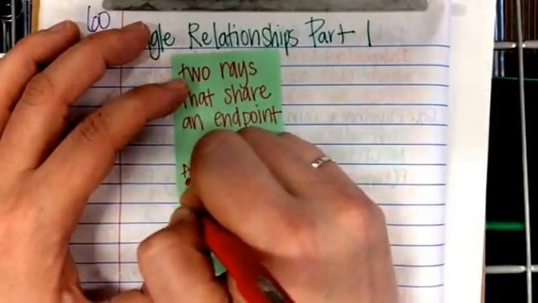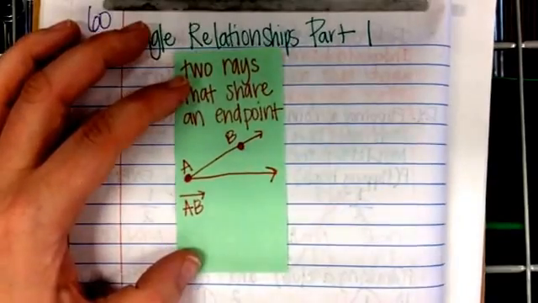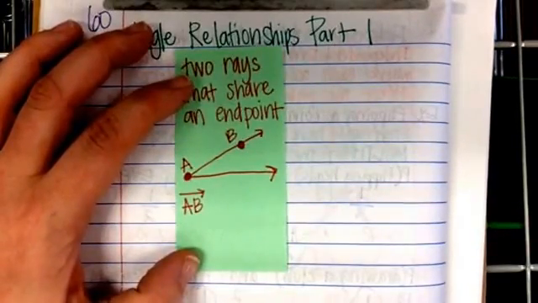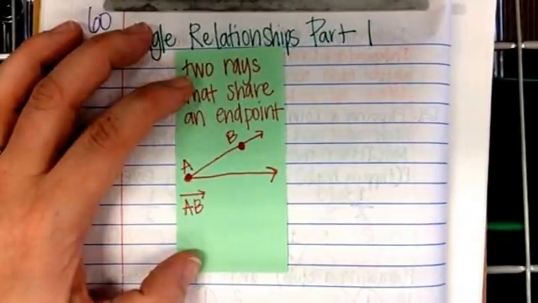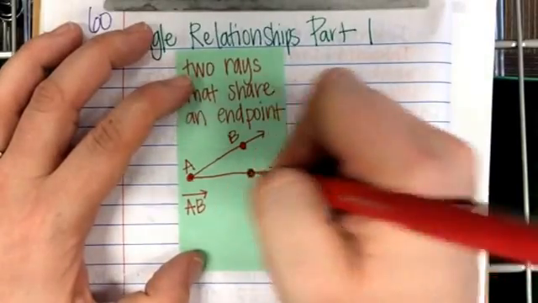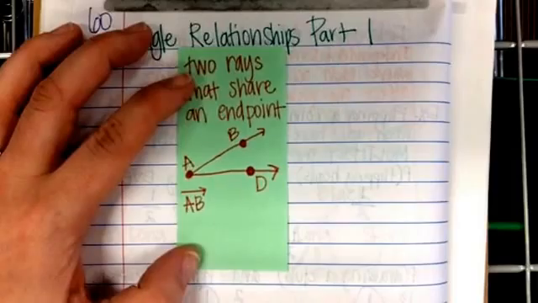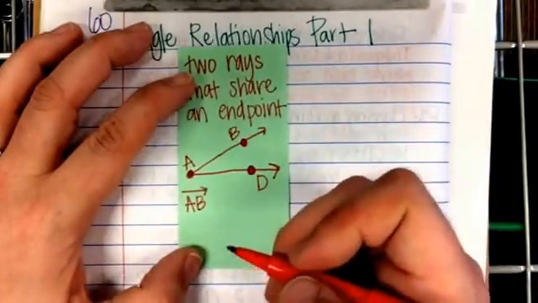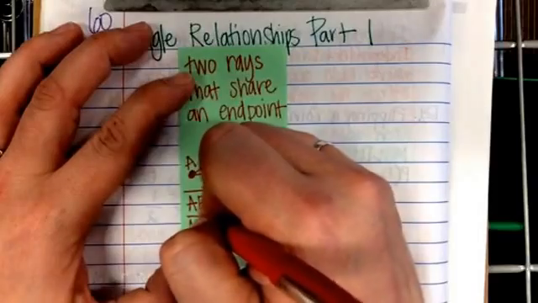You write A, B, which are the letters, and you draw a ray on top of it. So ray AB. And what's the other ray that makes up this angle? AD. Those are your rays. Good.